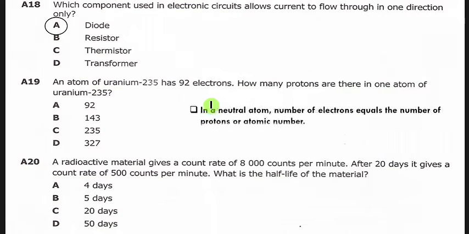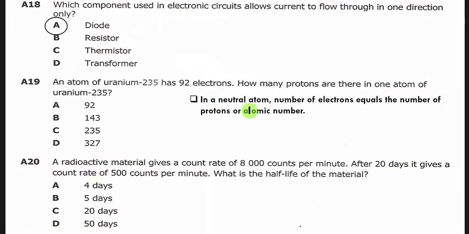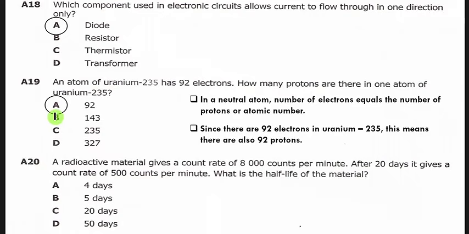In a neutral atom, the number of electrons equals the number of protons, or the atomic number. So if there are 92 electrons, there are also 92 protons. So the answer is A.